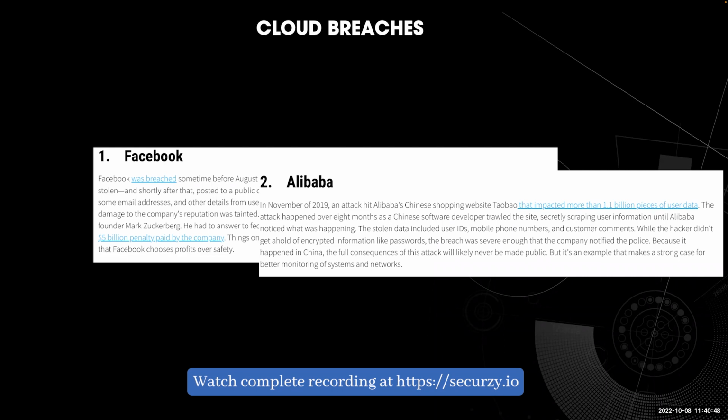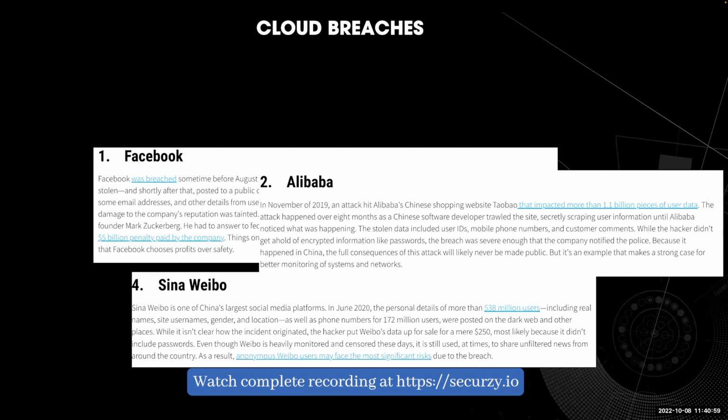Yet it is confirmed by a lot of sources that the credentials were stolen, and they were also put publicly on various sites. Then, similar to Alibaba, there was the Sina Weibo attack, again on one of China's largest social media platforms. It impacted around 172 million users, and their credentials and sensitive information were also put on the deep and dark web.